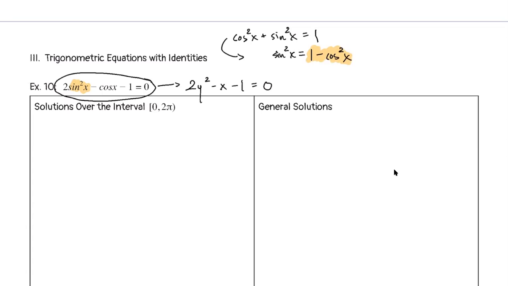We can just do a simple substitution here. We've got 2, and instead of sine squared, I'm going to write 1 minus cosine squared, and then keep the rest of my equation the way it is. Minus cosine x minus 1 equals 0.